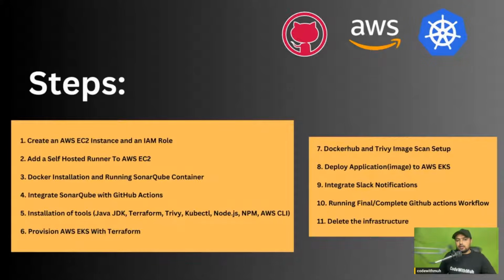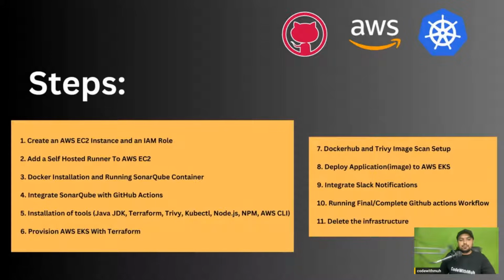We will first of all create an EC2 instance and IAM role. This EC2 instance will be used as a self-hosted runner for our GitHub Actions. Then we will have a Docker installation and we will be testing our code with SonarQube as well, integrating SonarQube with GitHub Actions.